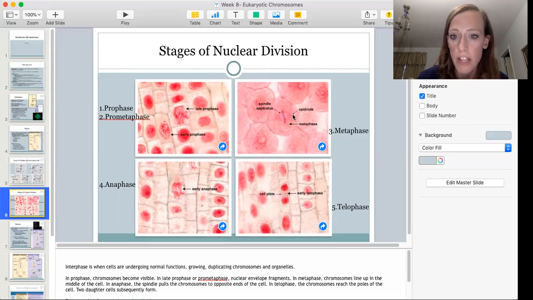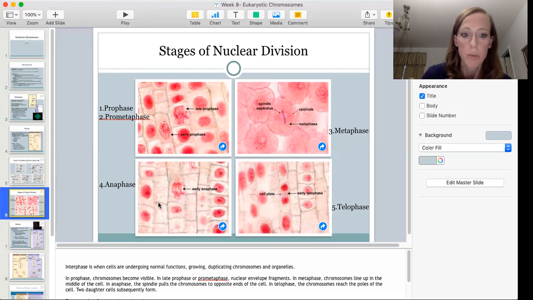Okay, so at the center of that spindle are the centrioles, and you can see the microtubules here forming that aster. And again, those are helping to move the sister chromatids apart. They'll shorten and pull those sister chromatids to either end of this parent cell.